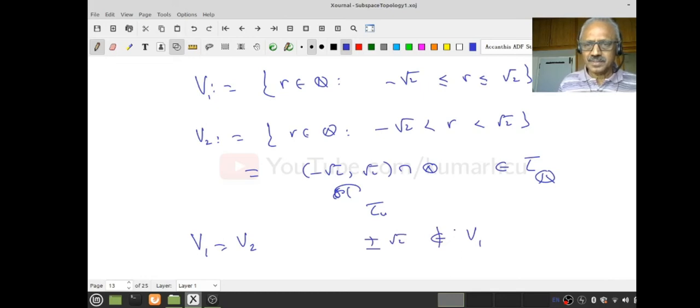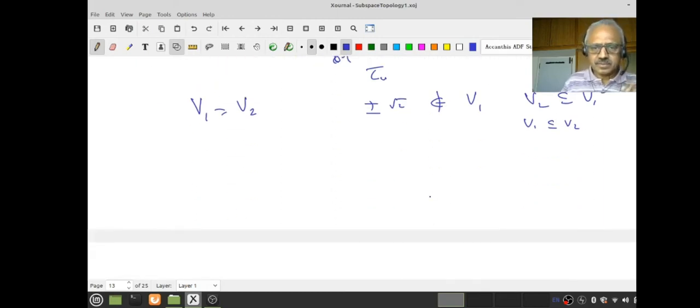Are you following? Notice that V2 is a subset of V1. This is clear. So I only have to prove V1 is a subset of V2. Think carefully. Suppose r belongs to V1, then what does it satisfy? Minus square root 2 is less than or equal to r, which is less than or equal to square root 2.